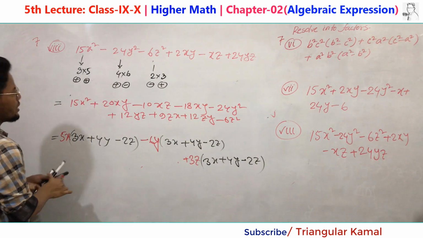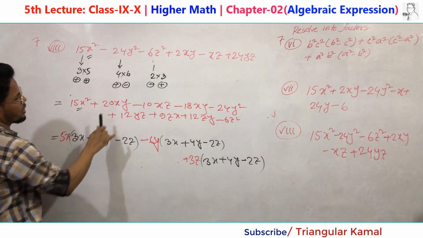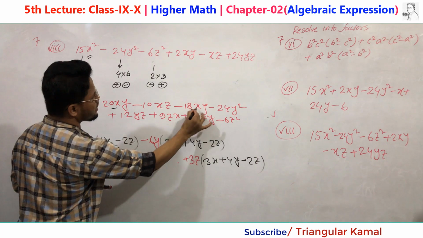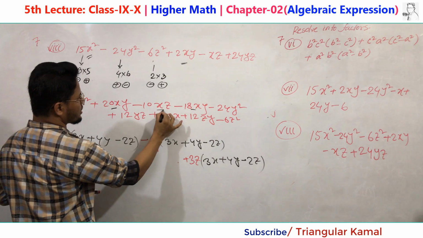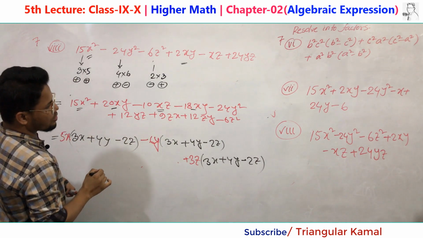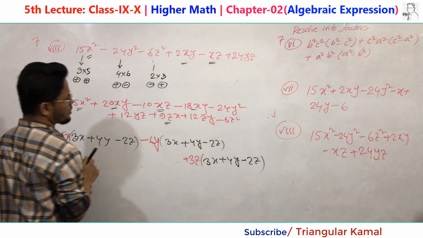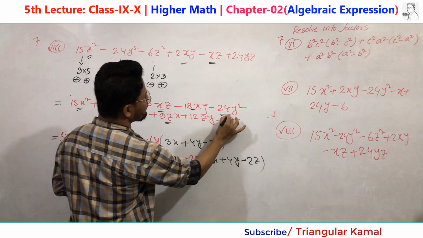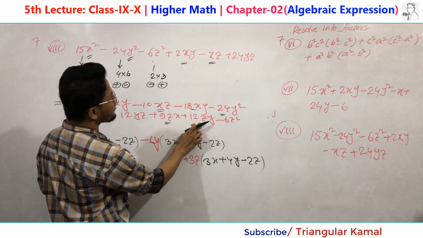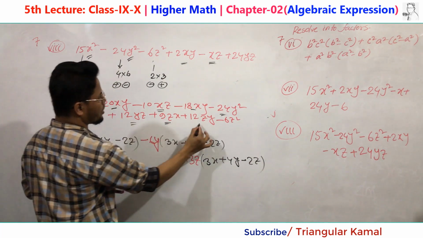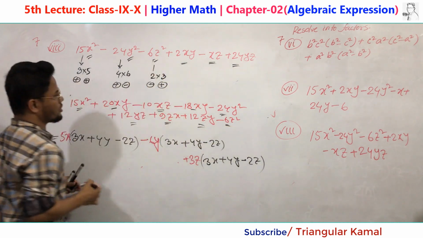Now review your answer and connect with the first line. 15x square, 15x square, 20xy minus 18xy, this one will be twice xy, 10xz minus 9xz, there will be minus 1xz, minus 24y square, minus 24y square, 12zy and 12zy together 24zy, and minus 6z square, minus 6z square.